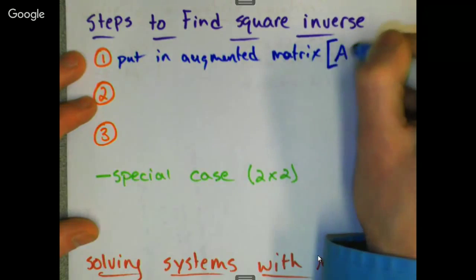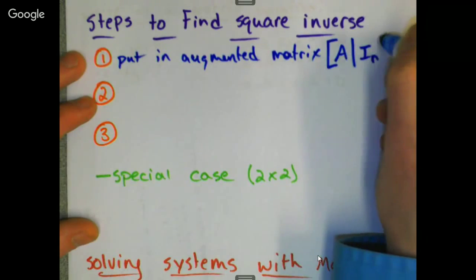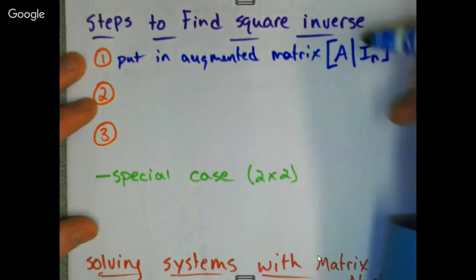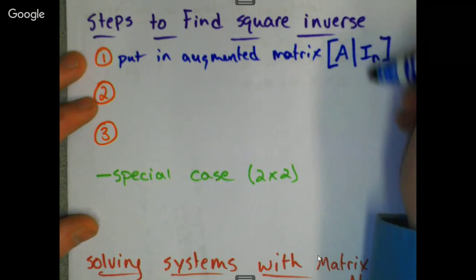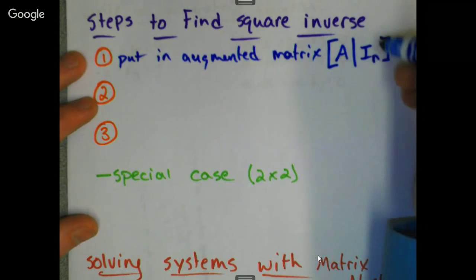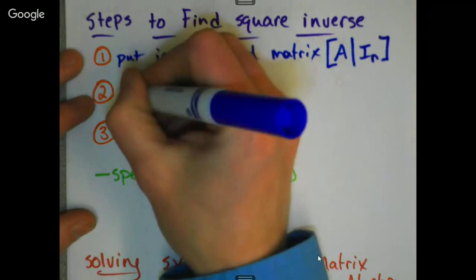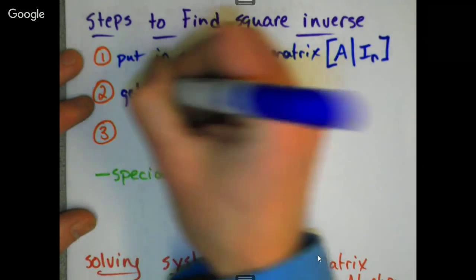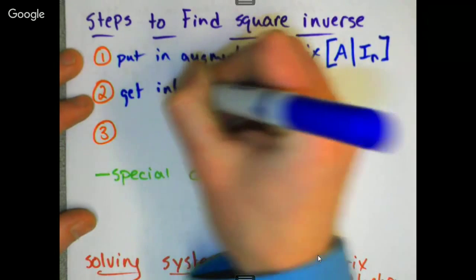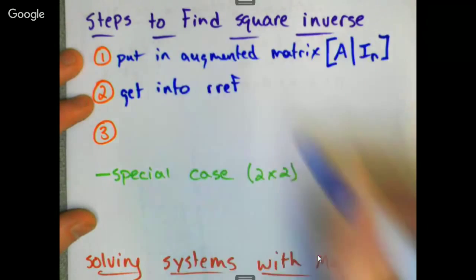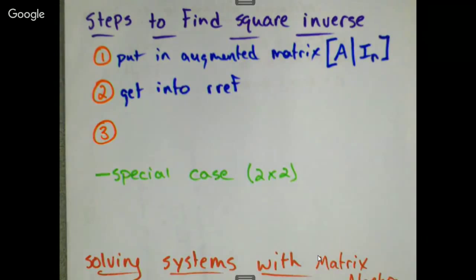We'll have A, and then we will have the identity on this side. So instead of having single numbers over here, now we're going to have a square matrix over there. Step two is get into reduced row echelon form.